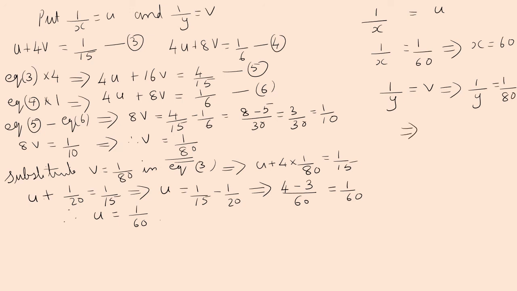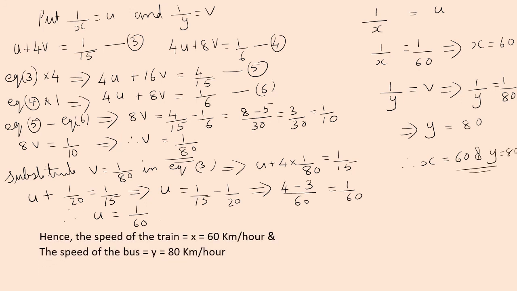Now by doing the cross multiplication you are getting y equal to 80. Therefore x equal to 60 and y equal to 80. Hence, the speed of the train x equal to 60 km per hour and the speed of the bus y equal to 80 km per hour.